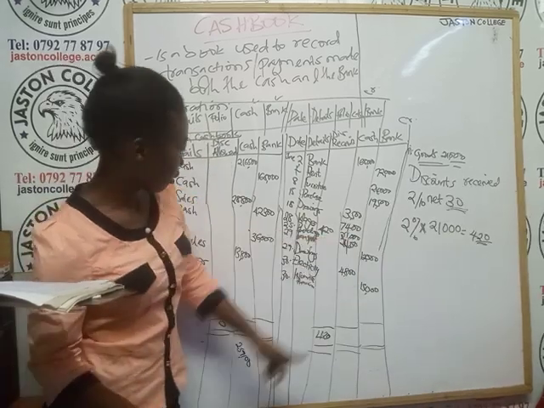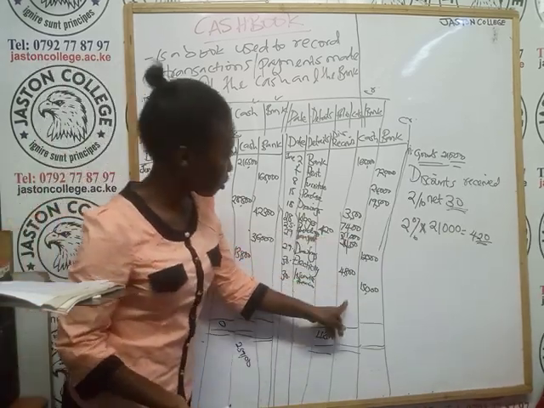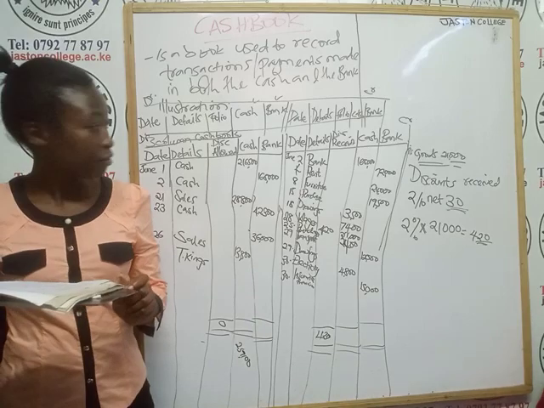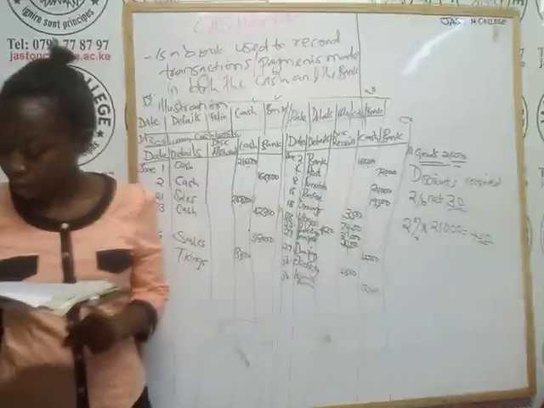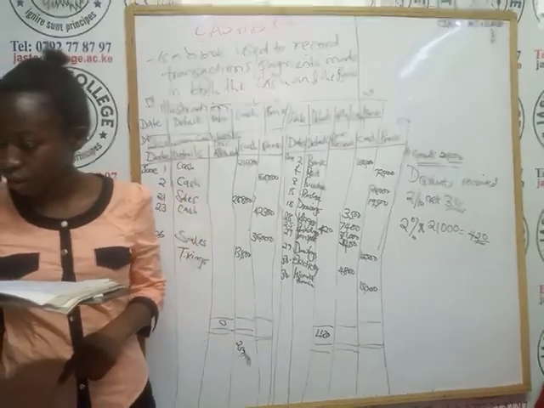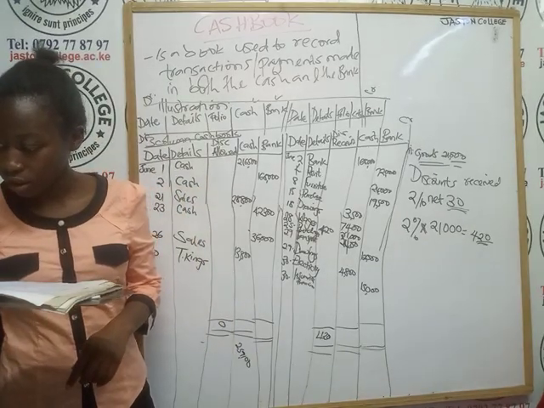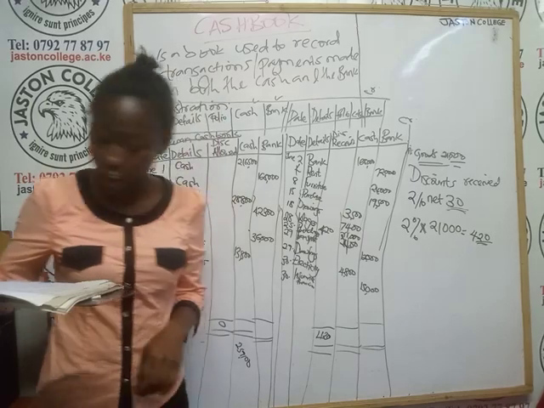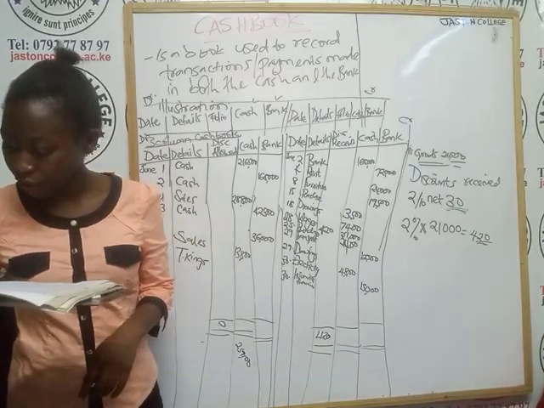Let's see from the cash on this side. We will have 16,800, 168,000, sorry, 168,000. We add 3,500.